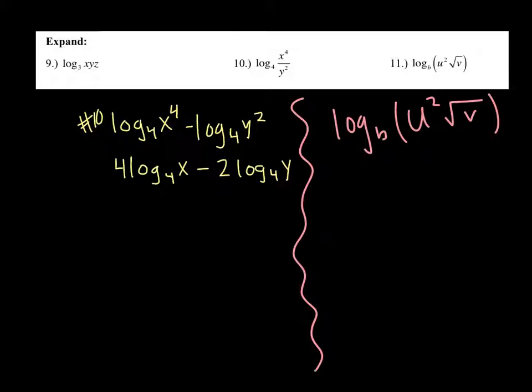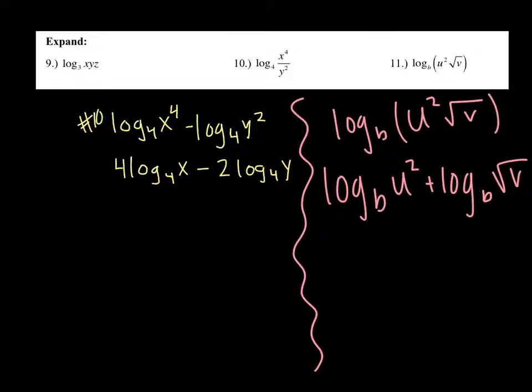So what I'm going to do is turn that radical into an exponential term so that we can work with the properties for our exponents. But first, I am going to break it up into 2 terms. So I'm going to make this log base b of u squared, and because it's a product or multiplication, it's going to be plus log base b square root v.